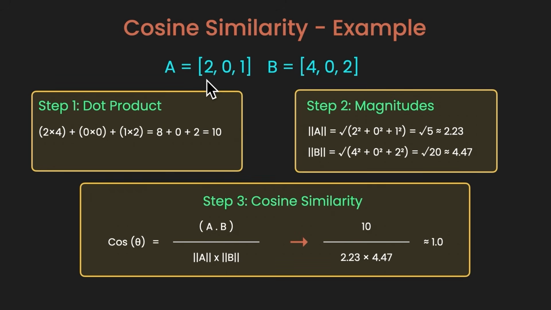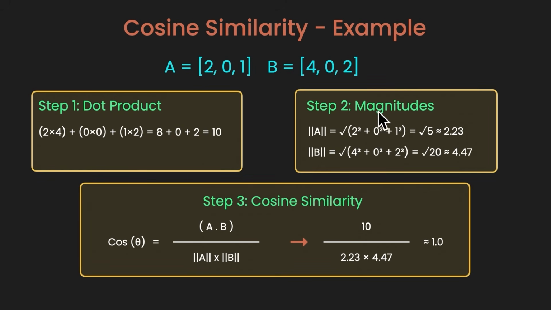So here the dot product would be 2 into 4, then 0 into 0, and then 1 into 2. When you multiply them and add those multiplications, you get the dot product as 10. So that's step 1, calculate the dot product.